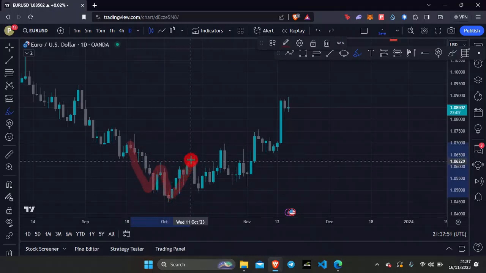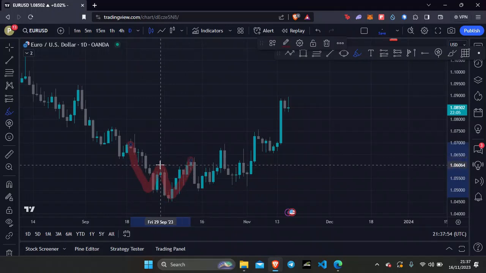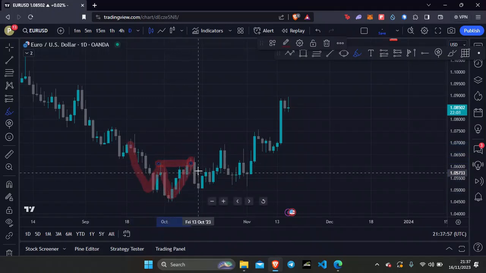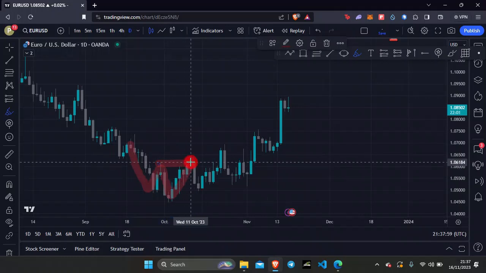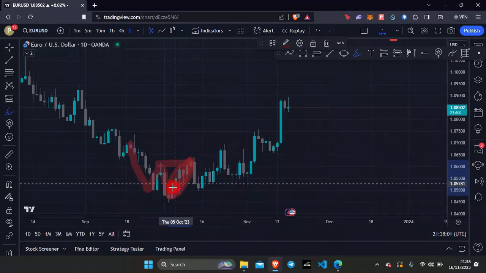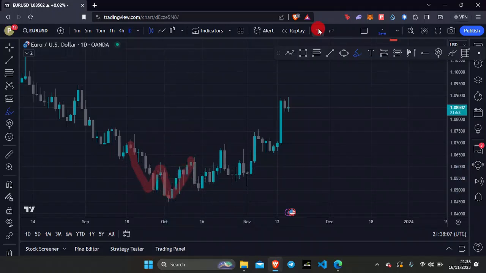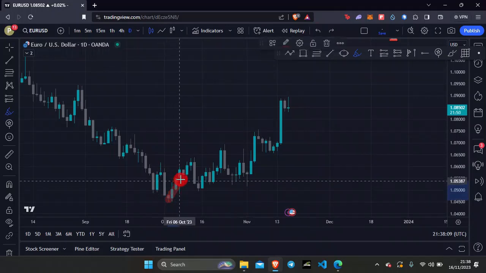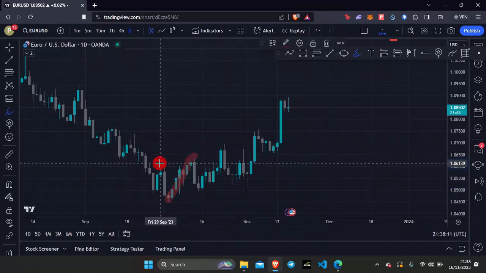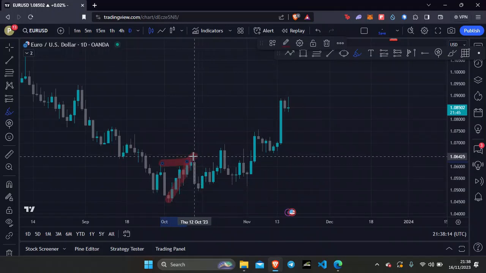Now we failed to create a lower high by breaking this lower high, which means this can no longer be valid bearish structure. This is now bullish structure because now we've created a higher high breaking this right here.